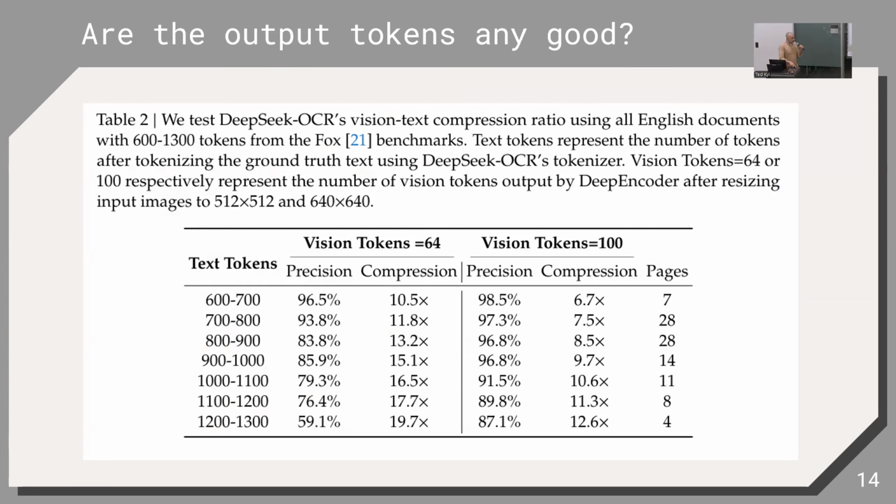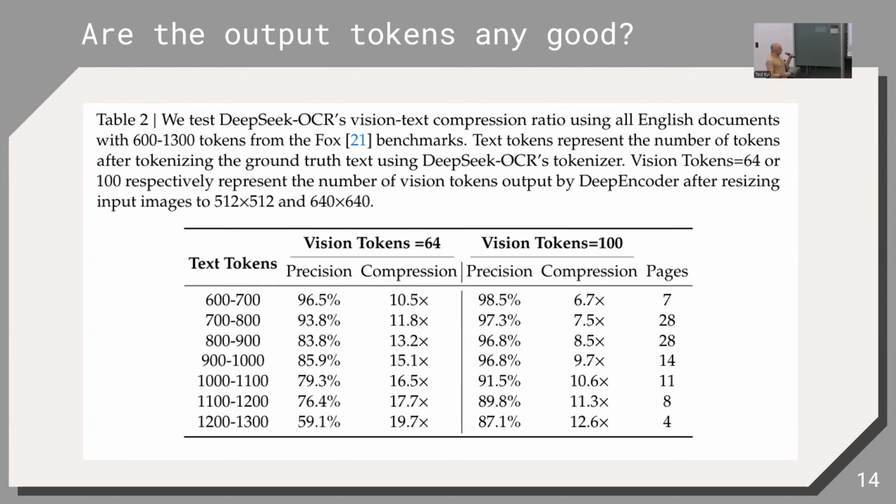Here's the way their results played out. They tested with different numbers of tokens on text, the text on a page, between 500 and 1,500 tokens. They said, if we use 64 tokens, we have these results; 100 tokens, we have these results.